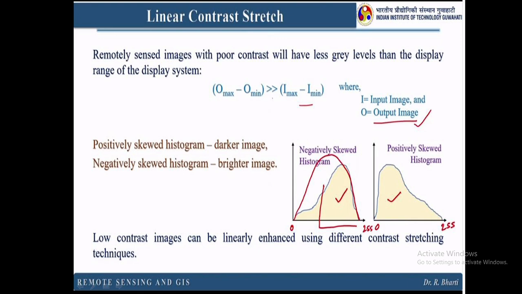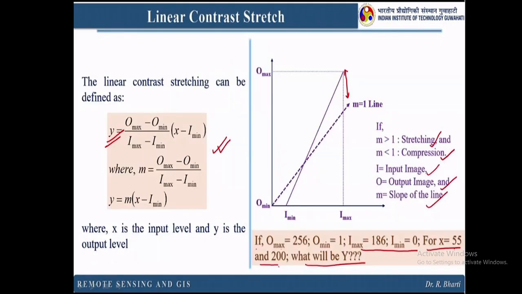I represents the input image and O represents the output image, and a low contrast image can be linearly enhanced using different contrast stretching techniques. Okay, then we see the linear contrast stretch. It can be defined as output maximum minus output minimum divided by input maximum minus input minimum, times x minus input minimum. So y equals mx minus input minimum.